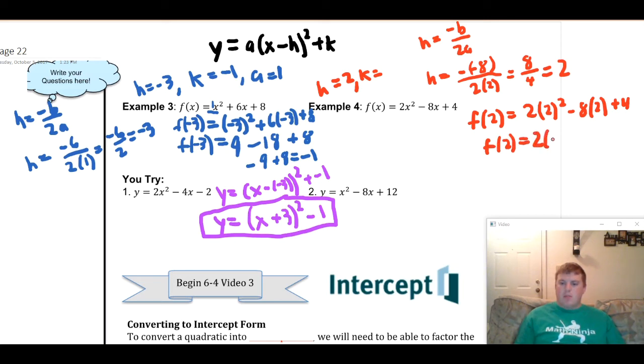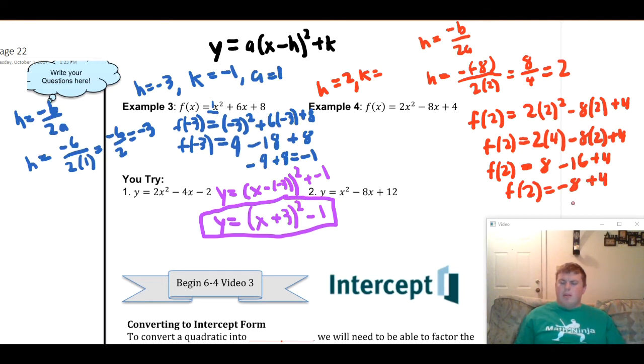I want to do exponents first. 2 squared is going to be 4, and then it's still going to be minus 8 times 2 plus 4. That is going to give us 8 minus 16 plus 4. 8 minus 16 is a negative 8, plus 4 is going to give us a negative 4. So our k value this time is negative 4.